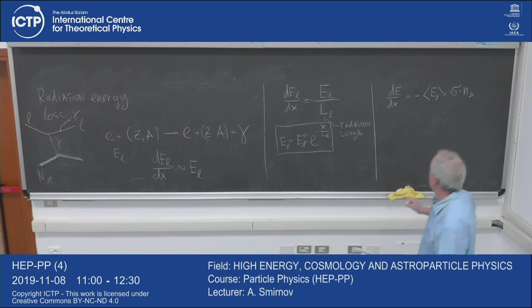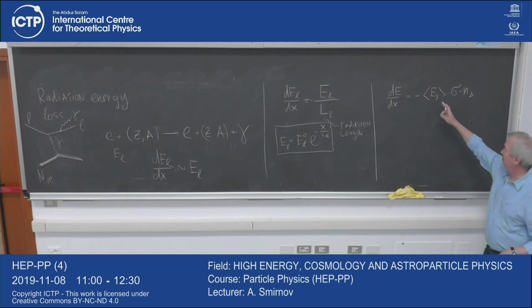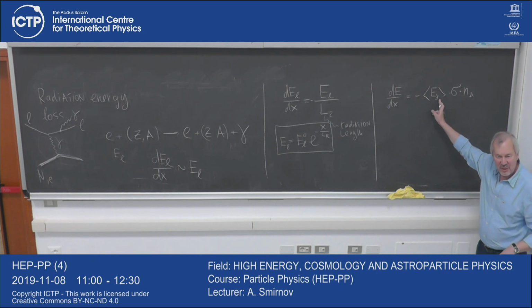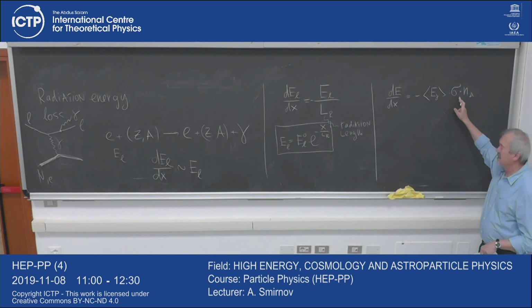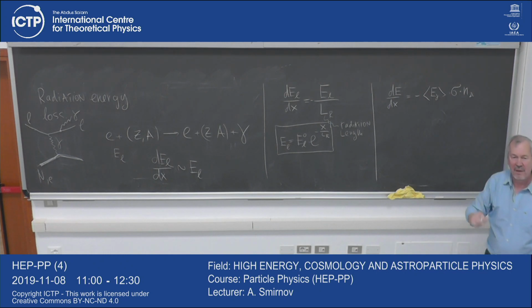So dE over dx, the energy loss, is the average energy loss in a single collision times the number of collisions within 1 unit of length. Okay?